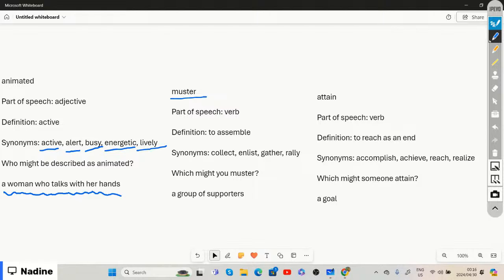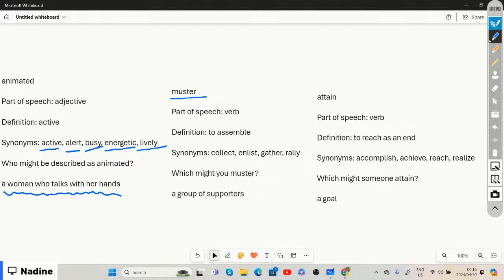And the part of speech of that specific word is a verb.